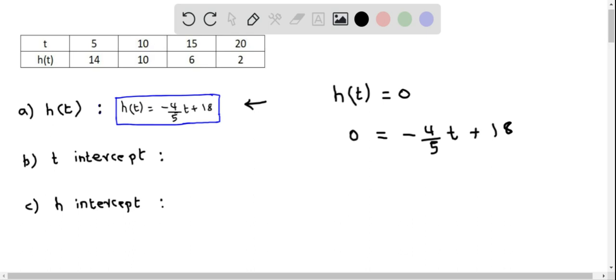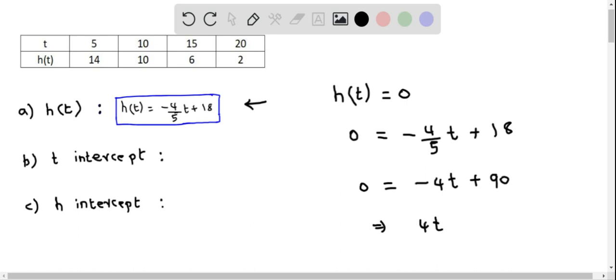So I multiply all the terms by 5 first to remove the fraction. Therefore, this becomes 0 times 5 is 0, and this becomes negative 4 times t plus 18 times 5, which is equal to 90. So we can solve for t from this equation.